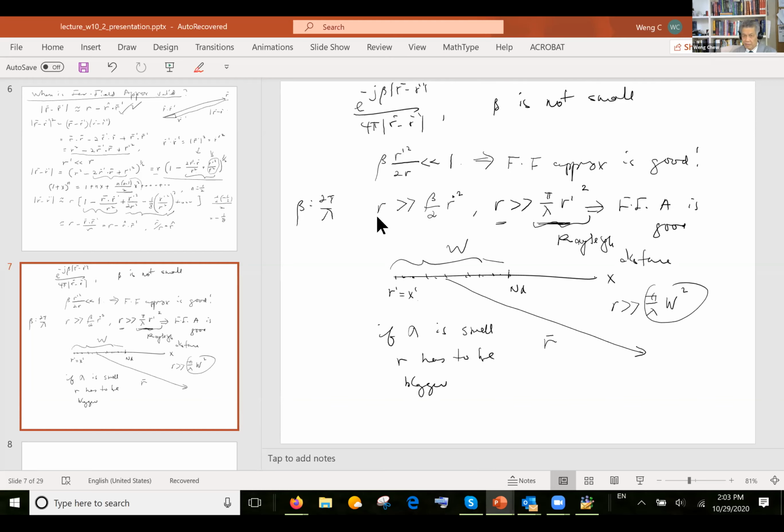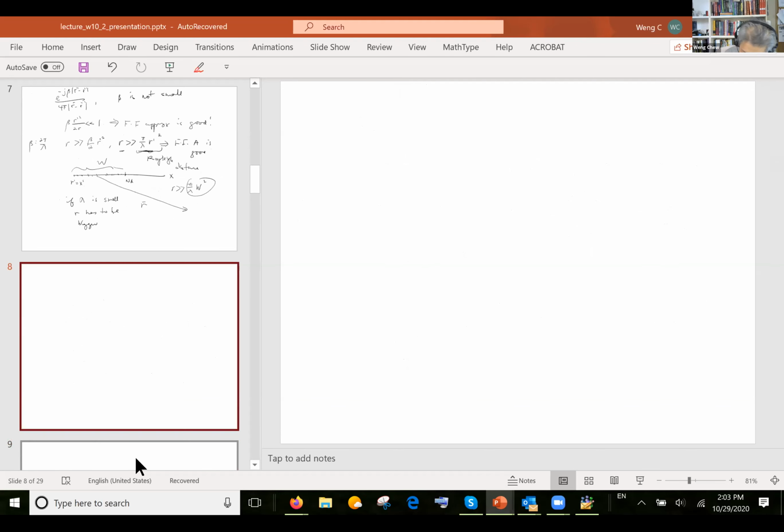Okay, and the demarcation boundary between these two things. So you can say that if I have an antenna array, say, I put them over here, and in the beginning, this antenna is going to launch a wave like that. And if you go far enough, the wave is going to turn into a spherical wave. Because we say that if R is much, much larger than R prime, we have the far field approximation.